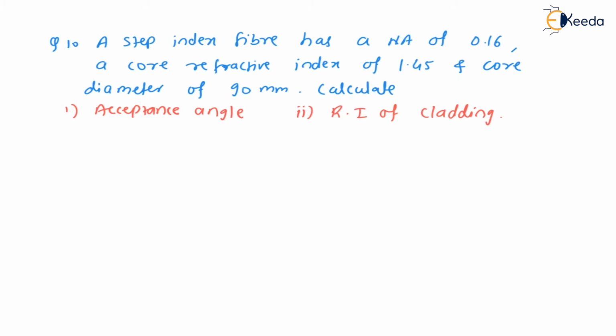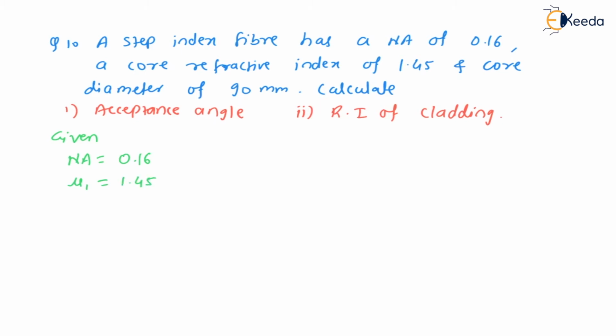So here they have given the numerical aperture as 0.16. We'll first of all write down the given quantities. So given, Na will be equal to 0.16, and then they have mentioned the core refractive index, that is nothing but mu1, so it will be 1.45.